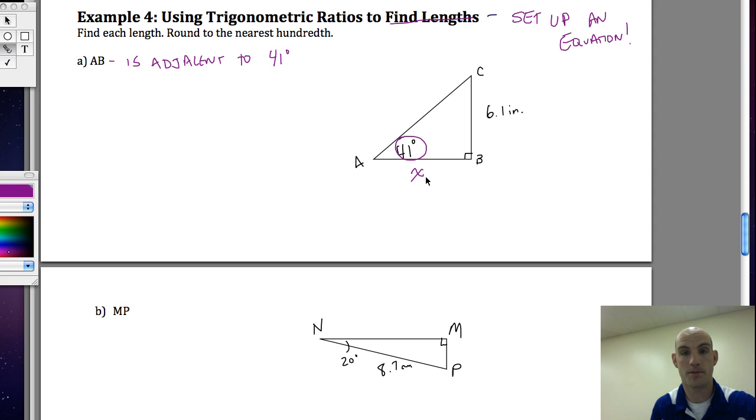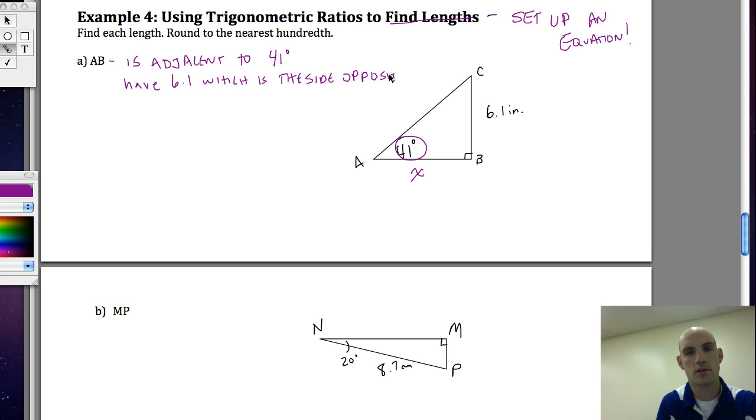It's adjacent to it. We also have 6.1, which is the side opposite 41.